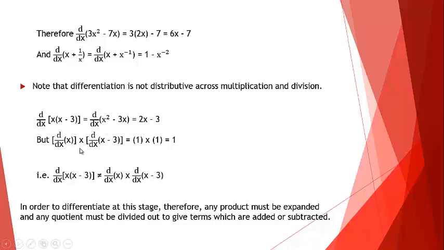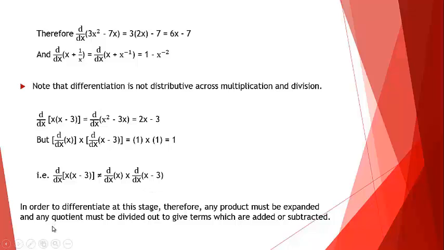But when we separate x and x take away 3 and differentiate separately, we get the derivative of x with respect to x as 1, and the derivative of x take away 3 with respect to x would give us 1. So 1 times 1 is 1, which is not equal to 2x take away 3. So that means the differentiation of x times x take away 3 with respect to x is not the same as the differentiation of x with respect to x times the differentiation of x take away 3 with respect to x.